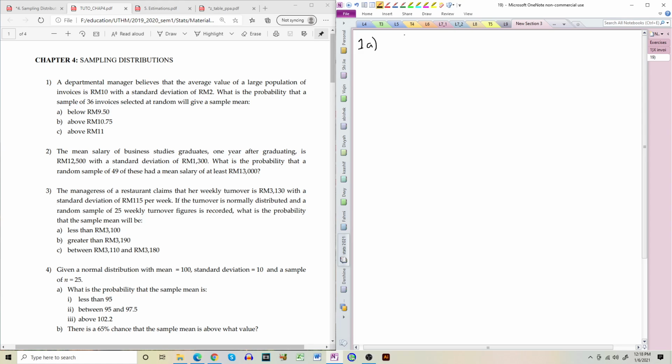If you read this, a departmental manager believes that the average value of large population invoice. So this is your variable, invoices.